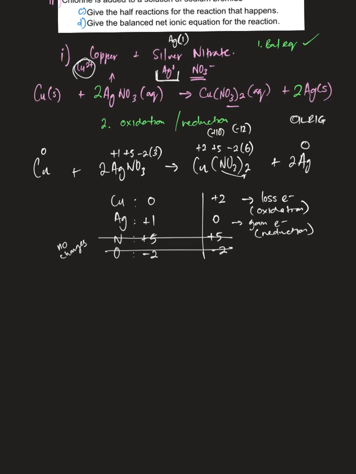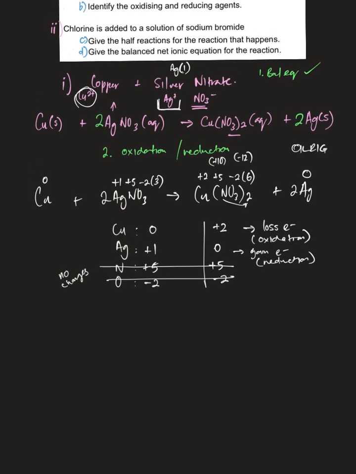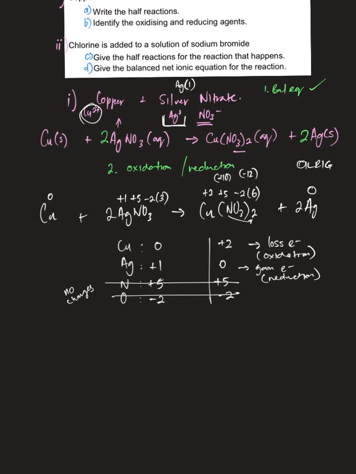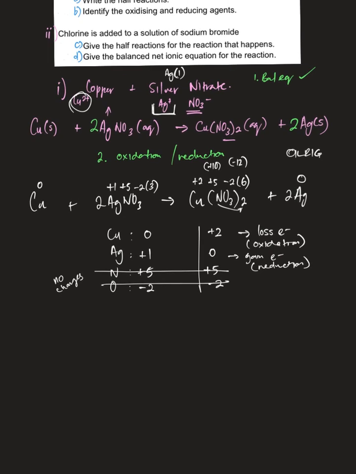Okay, so once you've got that set up, they want half reactions. Right, so look at the Cu. What happened to the Cu? In the oxidation half reaction, the copper went from being copper to Cu2+ plus 2 electrons.